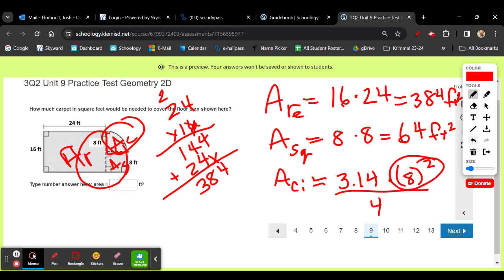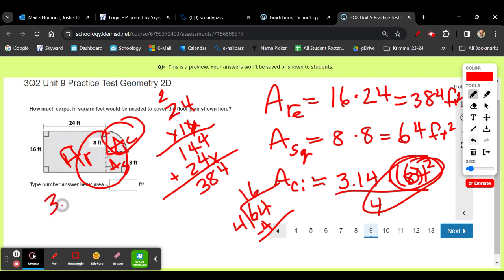And this is going to be 8 times 8, 64, and then 64 divided by 4. I'm going to divide by 4 and then multiply by pi to make it easier. You could multiply 64 times pi and then divide by 4, but it's going to be extra work. So it looks like it's 16. So we got 3.14 times 16.